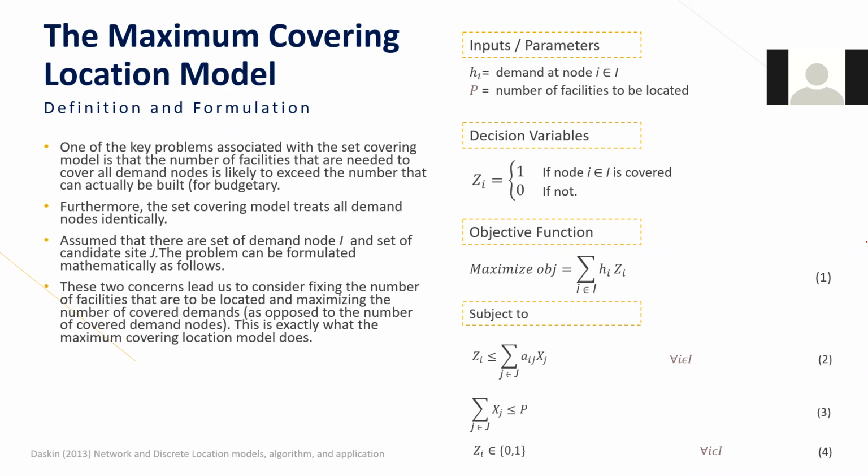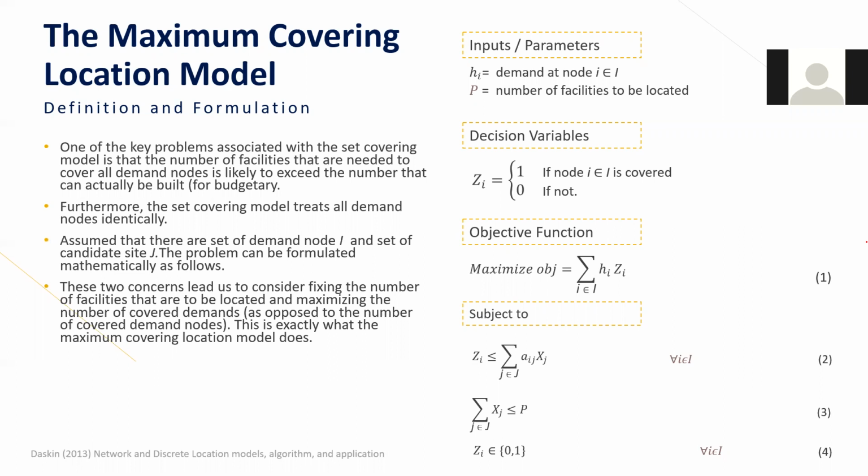So what is the maximum covering location model? Well, basically, in set covering models, we have an assumption that all the demand should be covered by at least one facility.